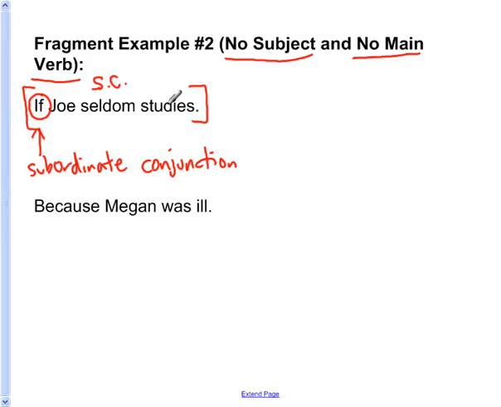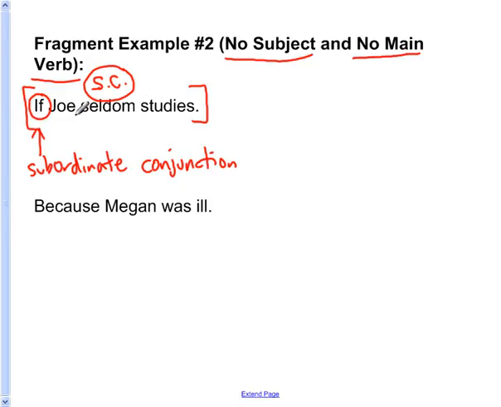And according to the parts of a sentence video, we learned that the main verb and the subject in the sentence cannot be part of a subordinate clause. We called it window dressing. Subordinate clauses are non-essential parts of the sentence in terms of structure. So this sentence needs a subject and a verb.